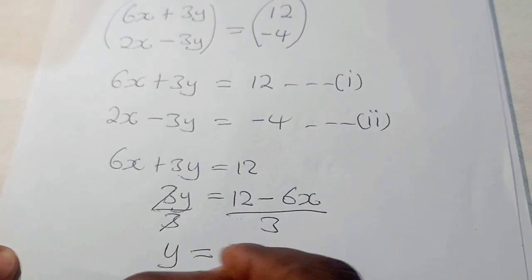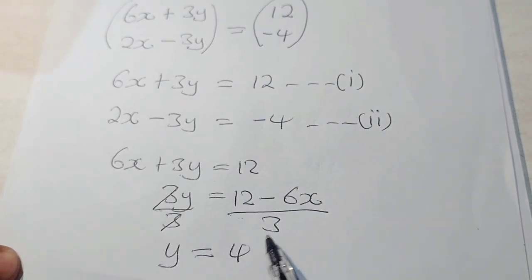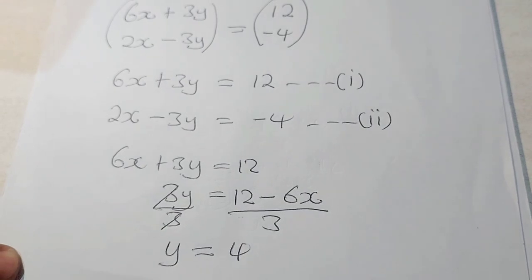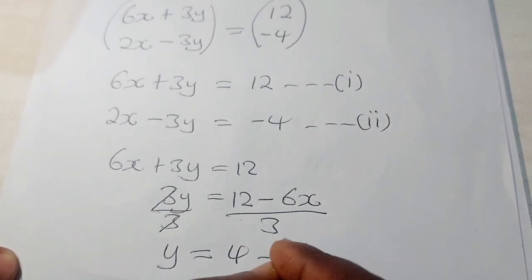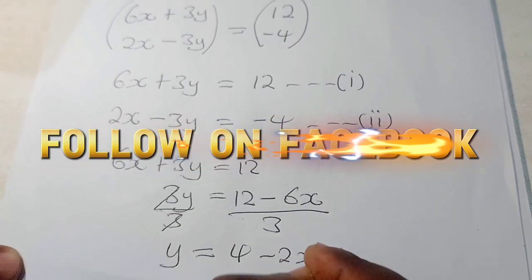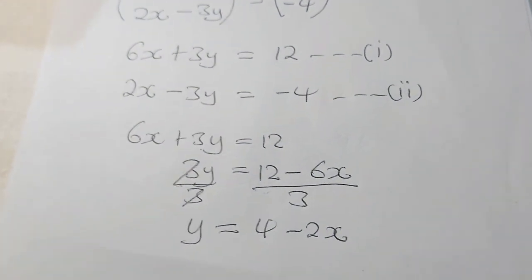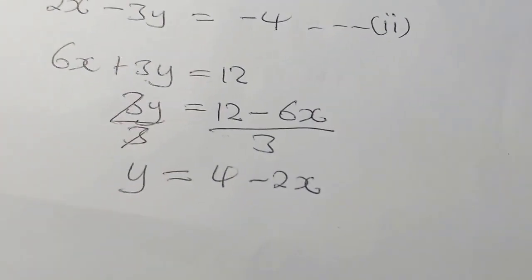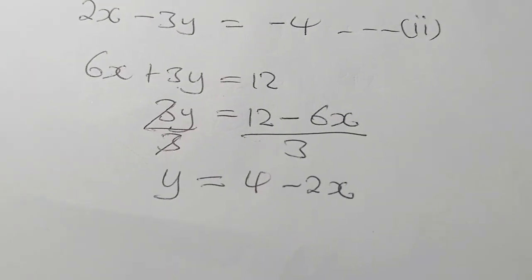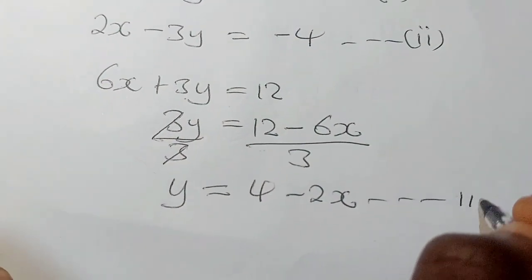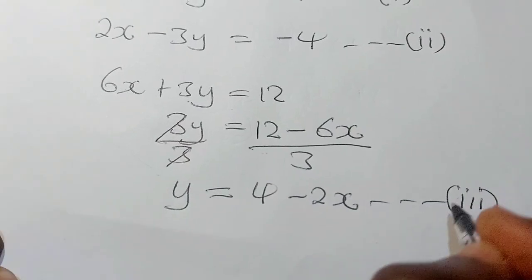And negative 6x divided by 3, the answer there is negative 2x. So now we have made an equation, we can say this should be our equation number 3. So this is our third equation.